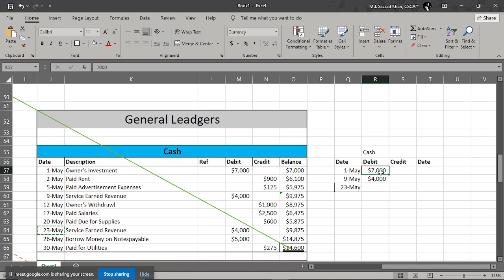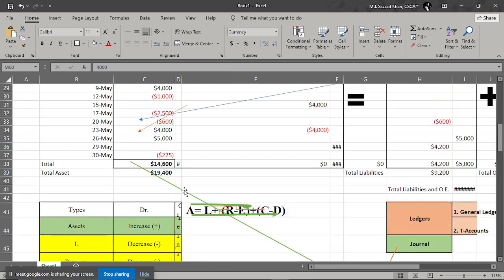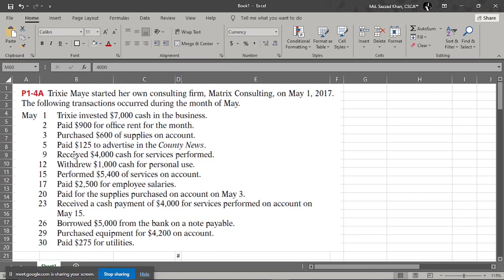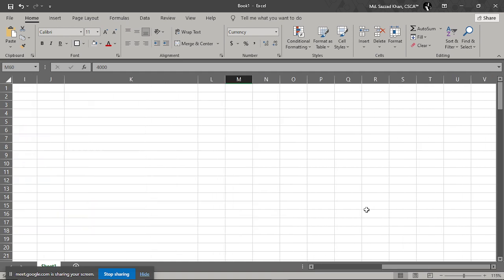9th May, in the general ledger, cash, 5,400. Check out the transaction details up there. 9th May, 4,000. Oh, sorry, service is another thing. No problem.